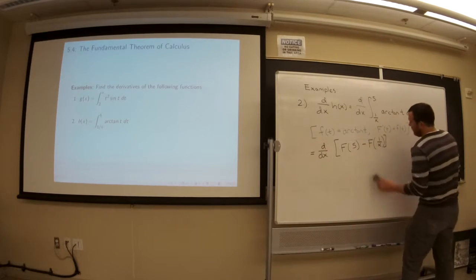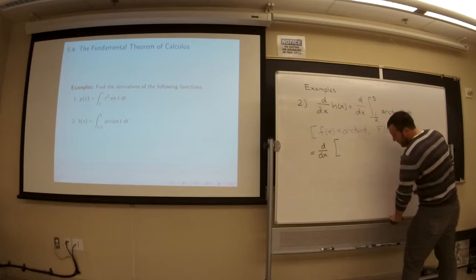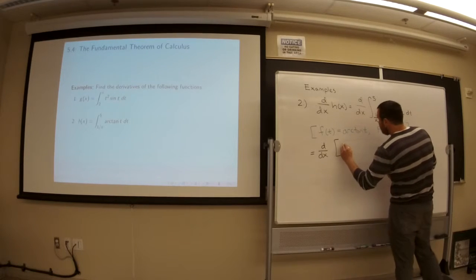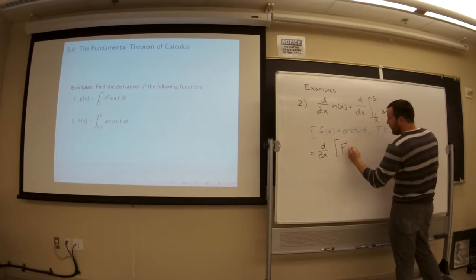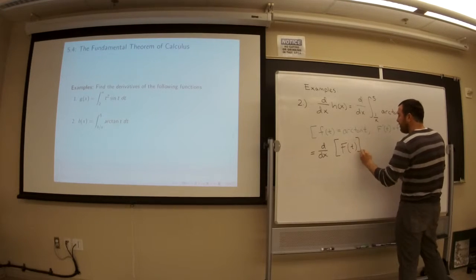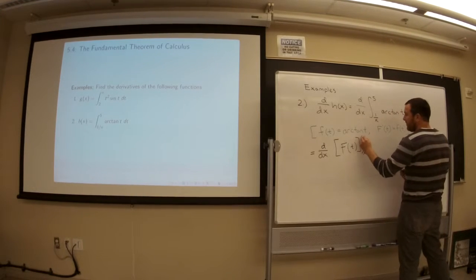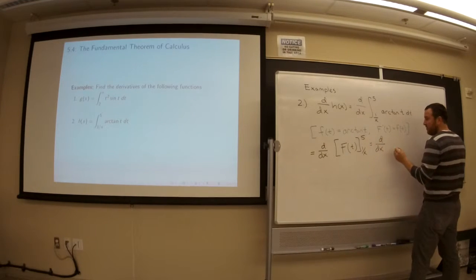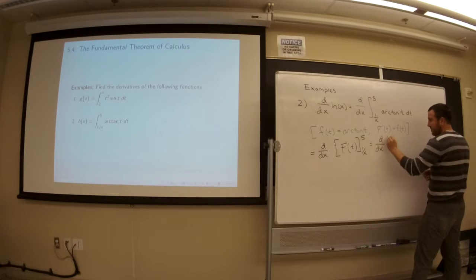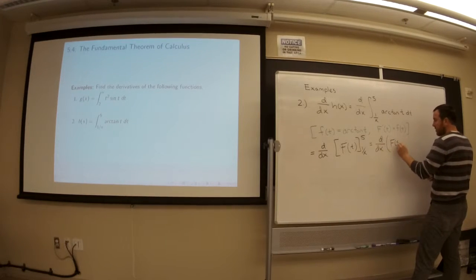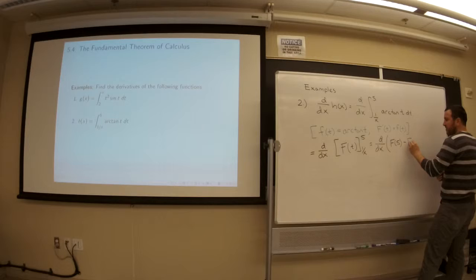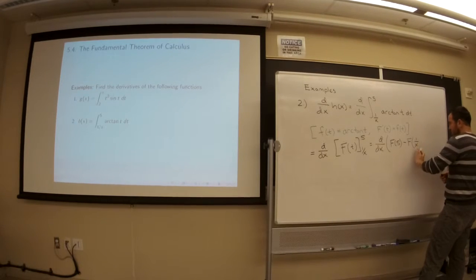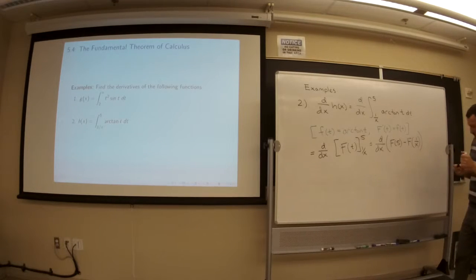Sorry, I meant to write this as capital F evaluated from those two first. So let me just backtrack there a little bit. So that would be the derivative of capital F of 5 minus capital F of 1 over x. Bracket. Big one.